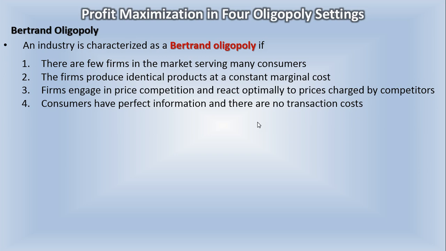But the Sweezy oligopoly is slightly different in that the assumptions are being made about what rivals are going to do in response to price changes. And the conditions aren't exactly like this, where the firms have constant marginal costs. Anyway, firms engage in price competition and react optimally to prices charged by their competitors.